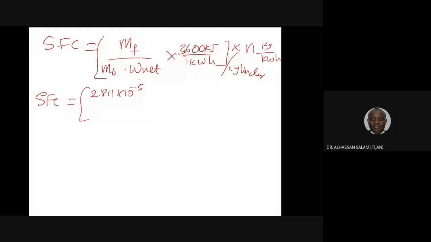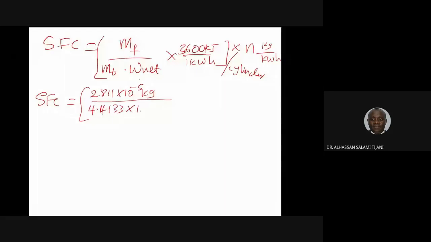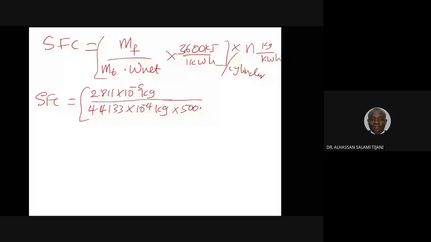That's the mass of the fuel, divided by 4.4133 times 10 raised to the power minus 4, also kilogram, times the specific net work, that is 500.78 kilojoules per kilogram, right?